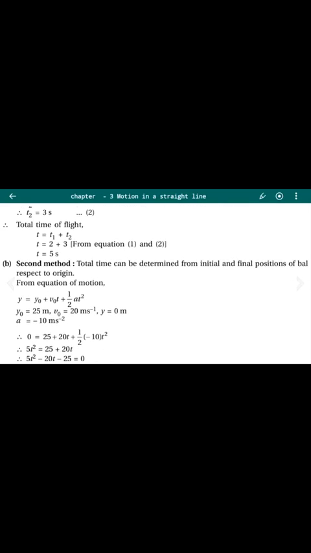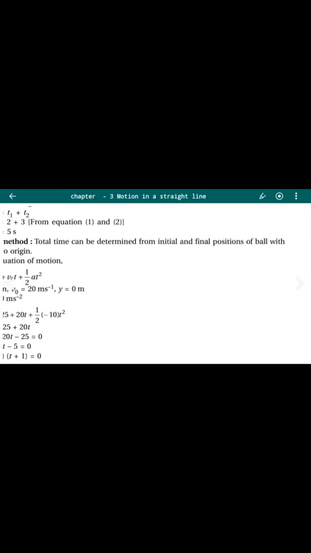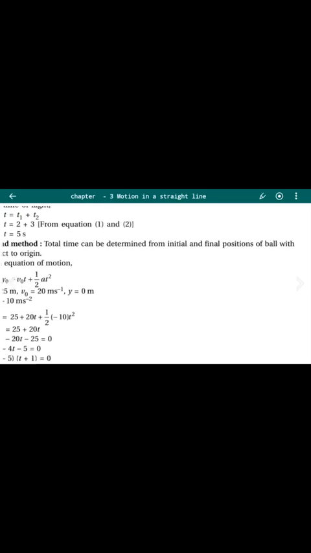Now there is a second method to solve this, that is the total time can be determined from the initial and final positions of the ball with respect to the origin. And this also we have discussed earlier. The kinematic equation, right, instead of x equals V0 t plus half AT square, we can take x minus x0 equals V0 t plus half AT square.